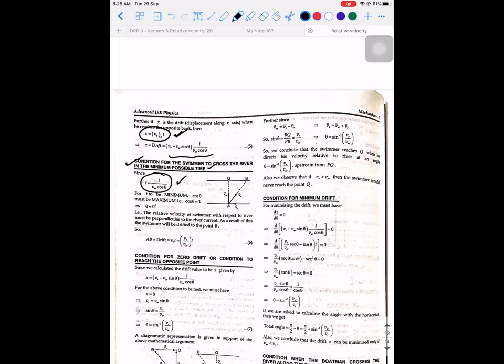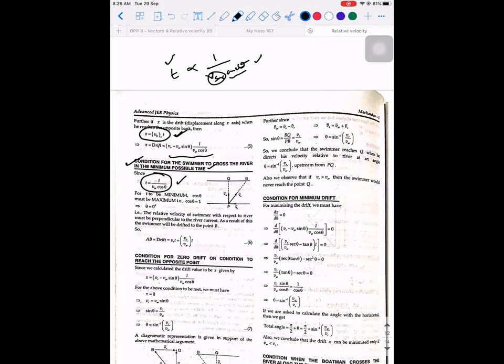Because T is equal to L divided by VSR cos theta, right? When will time be minimum? Time will be minimum when the denominator is maximum, because the width of the river is fixed. So I can say time is inversely proportional to VSR cos theta. VSR is also fixed, so it is dependent only on cos theta. So for time to be minimum, the denominator has to be maximum.